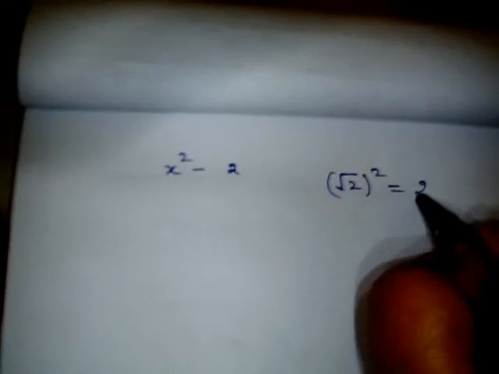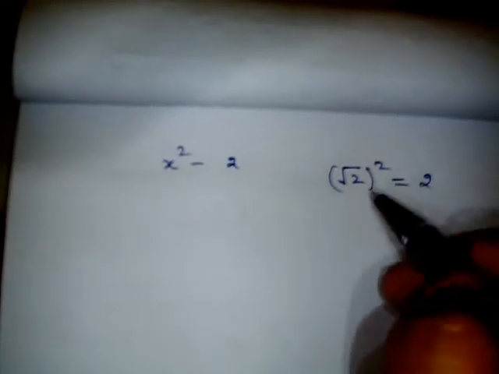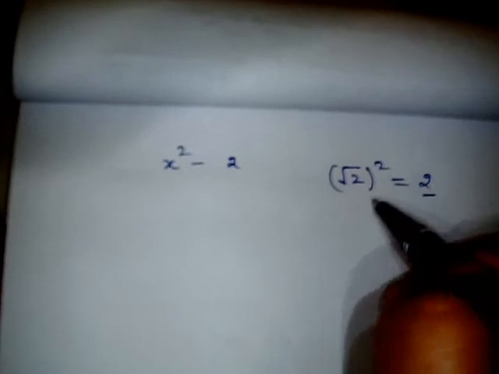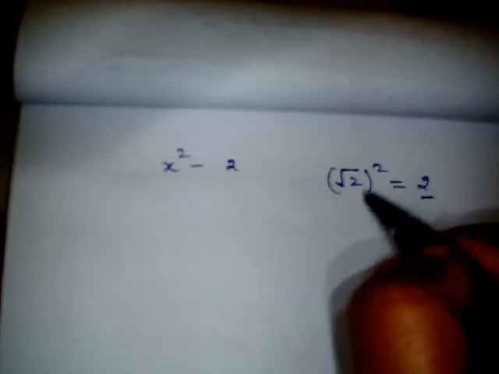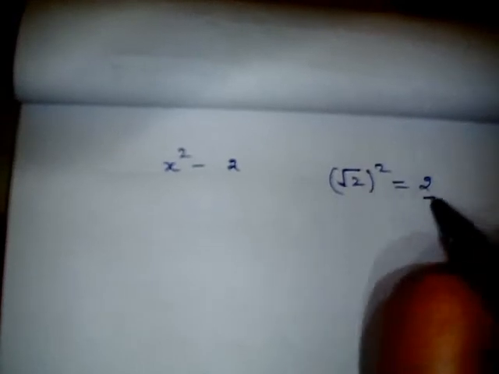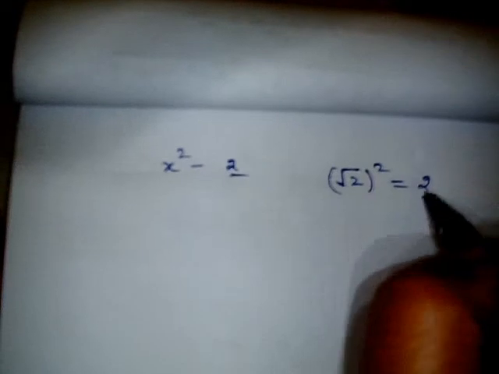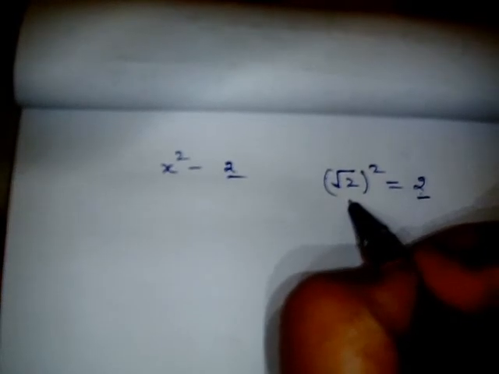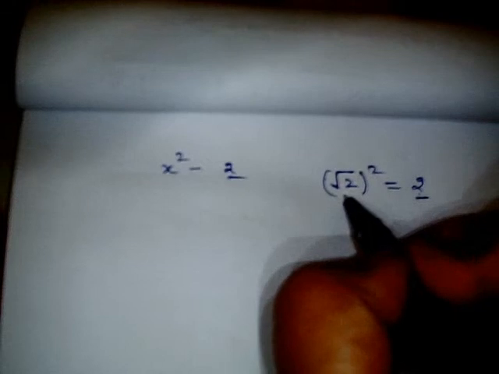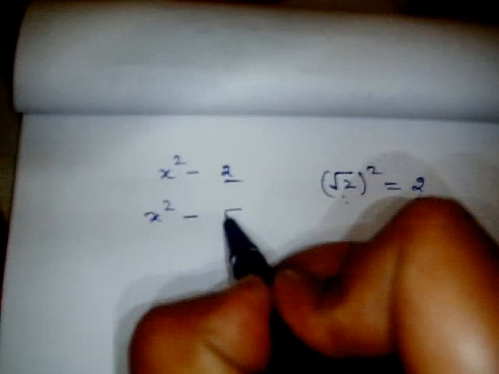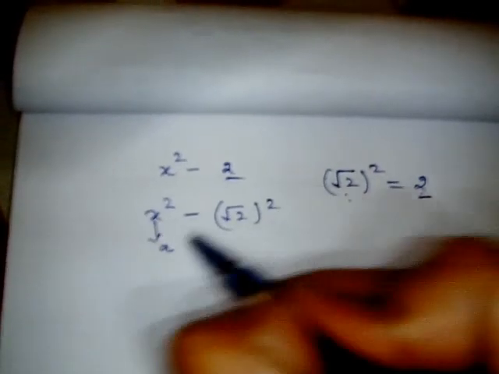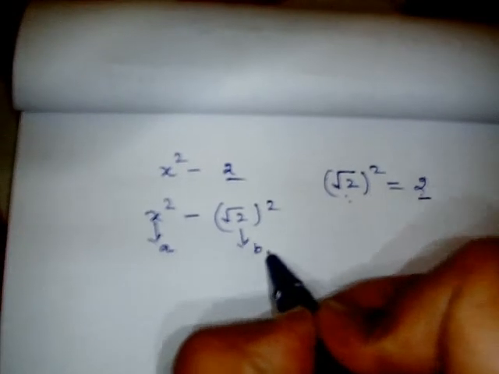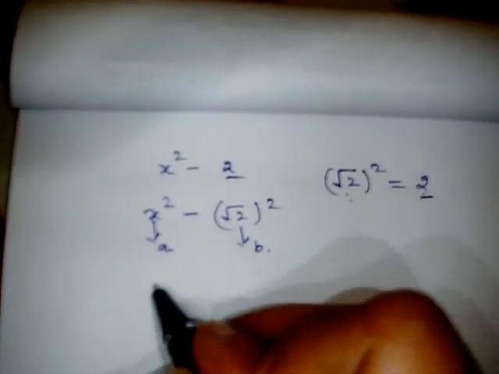At the place of 2 I can write root 2 square, because we need this to apply the identity. So I write x square minus root 2 square. Now I can apply the identity: a is x and b is root 2, so it is x minus root 2 and x plus root 2.